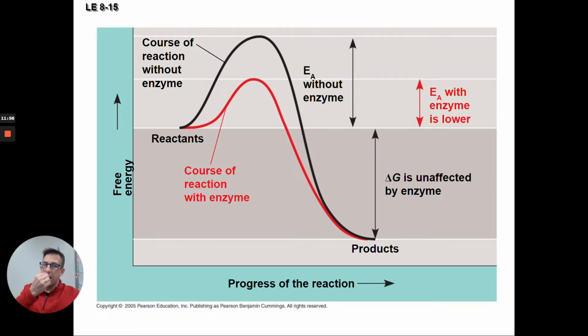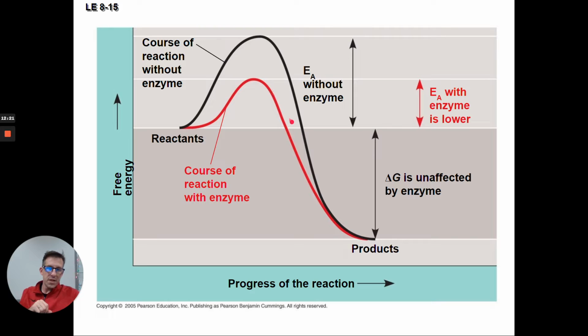Okay, so you may also see a diagram that looks very similar to the one I've shown you up on the board right here, minus the little colorful reactants and products. But this graph here shows you the course of the reaction with an enzyme. This is the red line that you see right here by the pointer that's moving.